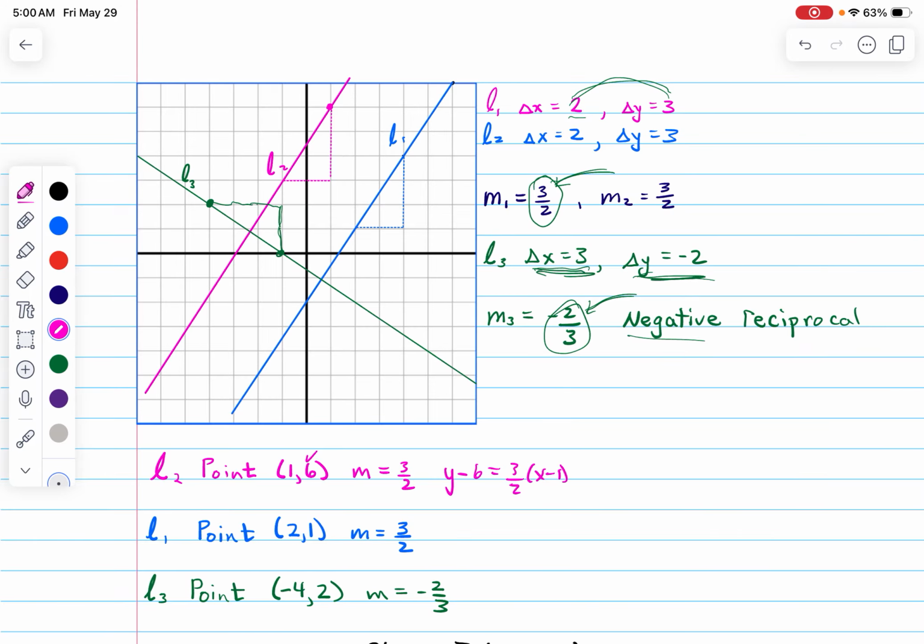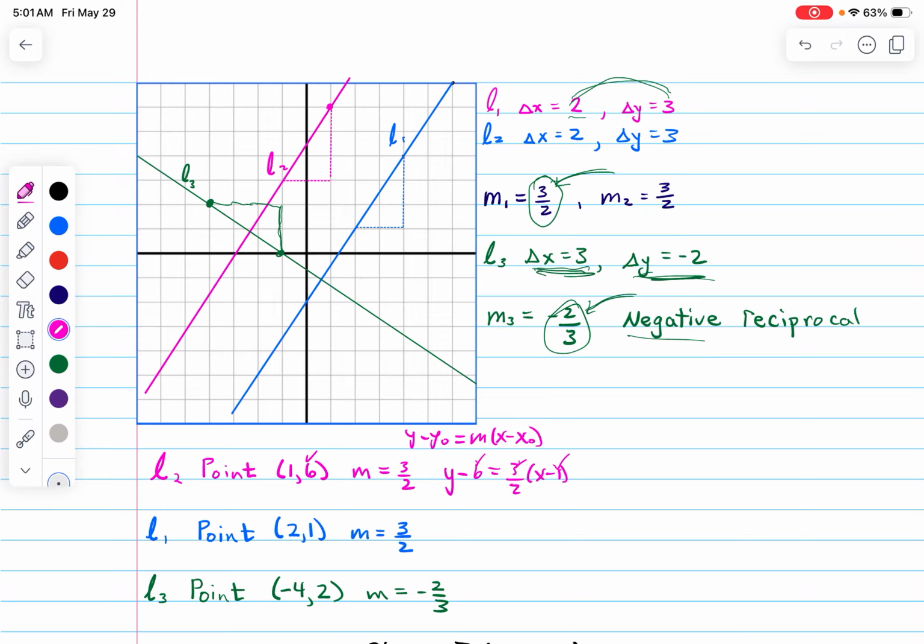So look, what we're doing is we're using y minus y naught equals m times x minus x naught, where x naught and y naught is just some point on the pink line. Okay, so here's the x coordinate, here's the y coordinate, and here's the slope. And that right there is the equation for L2.